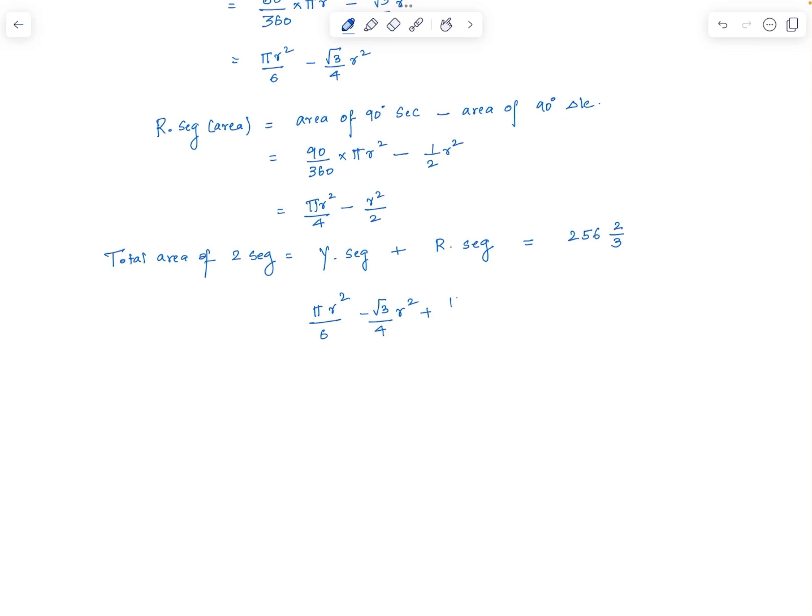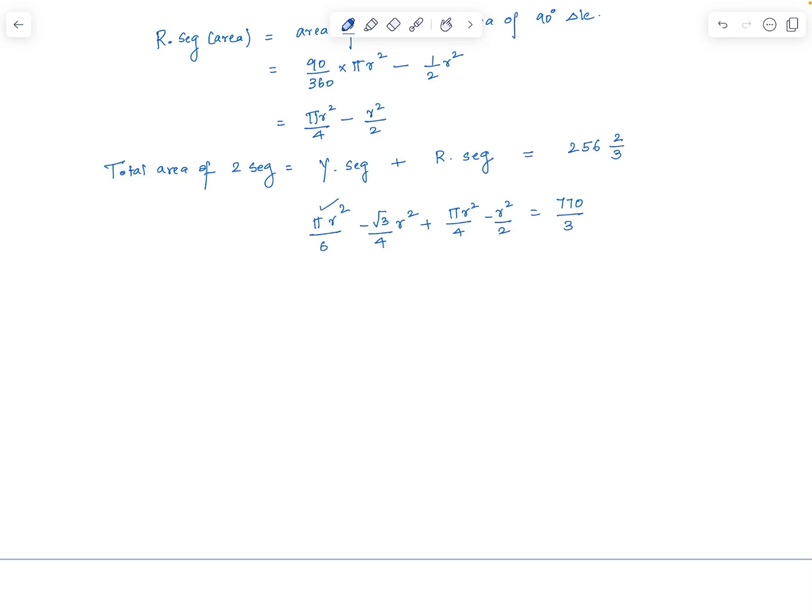Red rose segment is pi r square upon 4 minus r square by 2. We have two like terms in the LHS. On adding these two, we get 5 pi r square by 12 minus root 3 by 4 r square minus r square by 2, which is equal to 770 by 3.